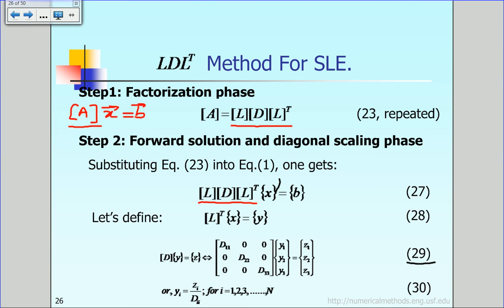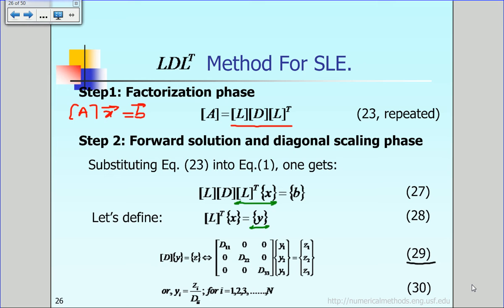So the next thing that you can do will be to take the product of L transpose times X, this product right there. We give it a new name. We call it the vector Y, using this green color.